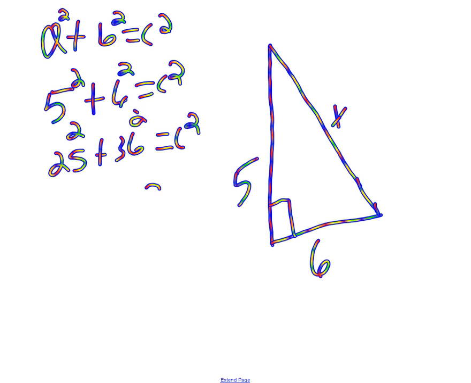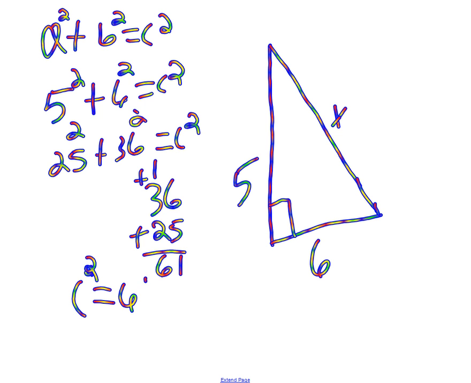And then you add those together and carry the 1. It's 61. So c squared equals 61.